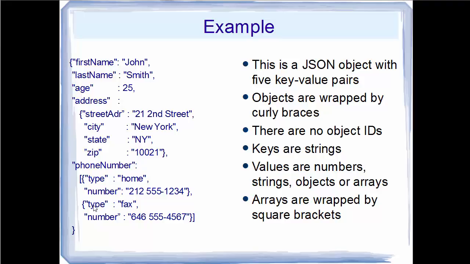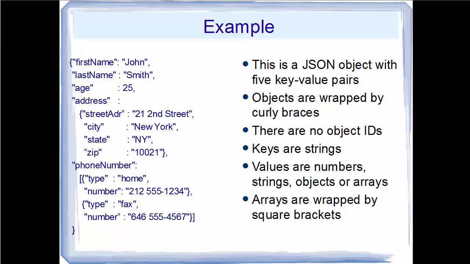The second object has type fax and the number, whatever the number is, right? So you are defining multiple objects for the phone numbers, and you can do this using this kind of array. So you are essentially creating an array of objects in this case.